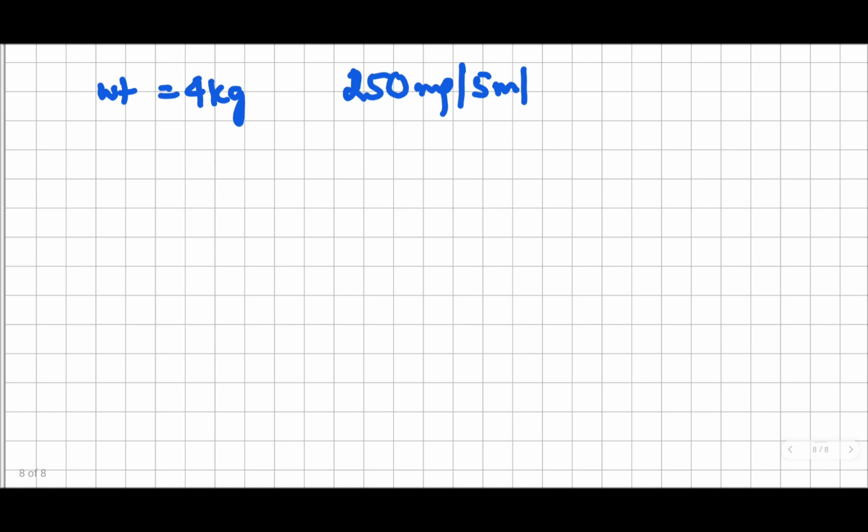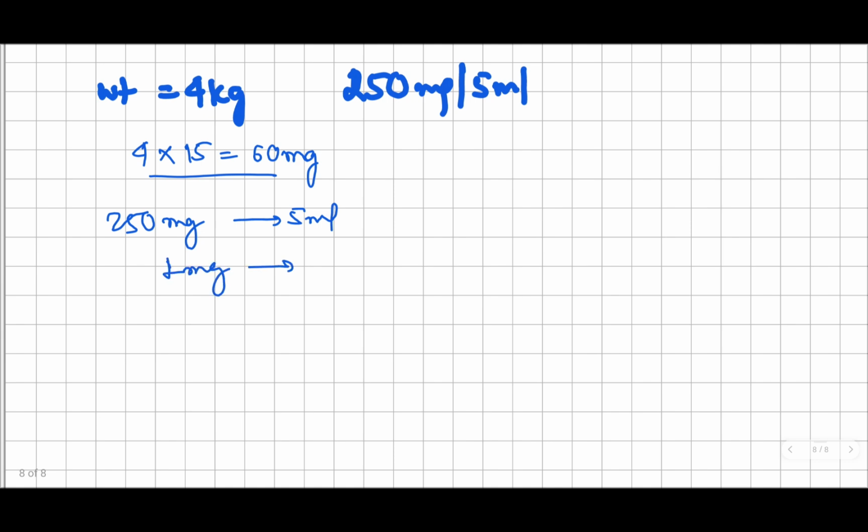So again 4 into 15 is equal to 60 mg we need. Fine. So 250 mg present in 5 ml. So for 1 mg it will become 5 divided by 250. So for 60 mg it will become 5 divided by 250 into 60. So if we do the mathematics, it will come around 1.2 ml per dose.